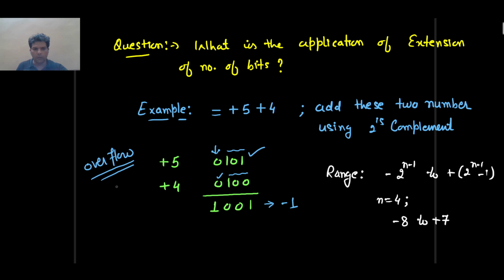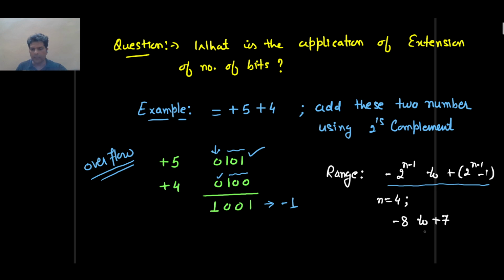Now what is the cause of this overflow? The range in 2's complement is minus 2 raised to power n minus 1 to plus 2 raised to power n minus 1 minus 1, which we already discussed in the previous video. If n is equal to 4, what is the range to represent decimal numbers in 4 bits?